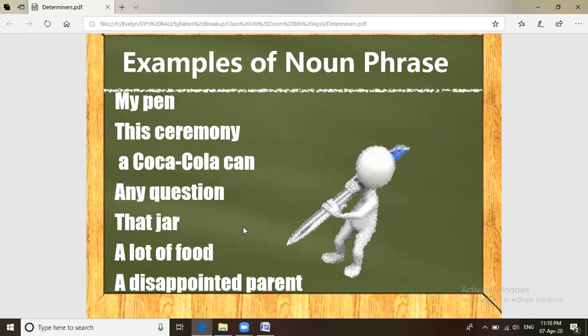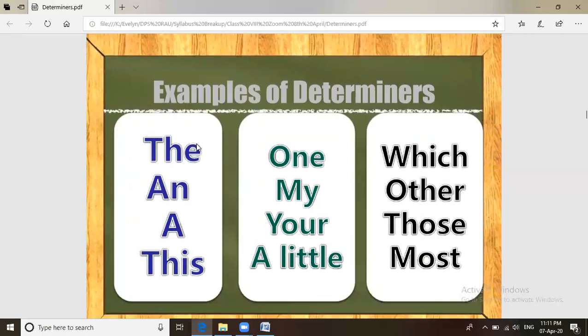Now, in these noun phrases, you notice the first word of each noun phrase: my, this, any, that, all of these words are determiners. Okay, see, this is a random, jumbled group of determiners.